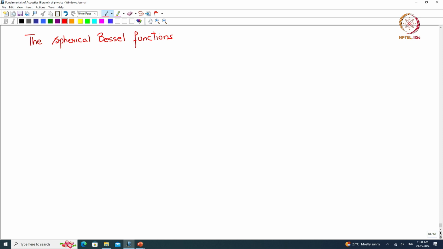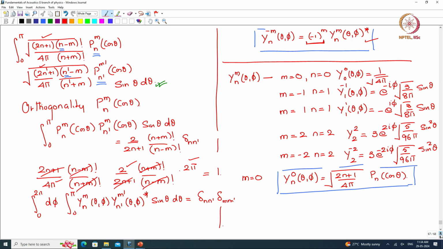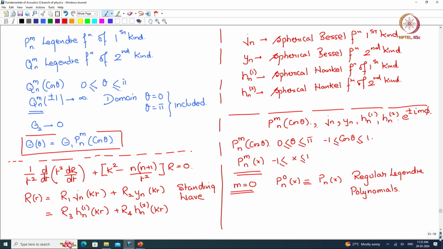So, we found out that the solution R of r was given by a n j n of k r plus b n y n of k r. Just check what I wrote.